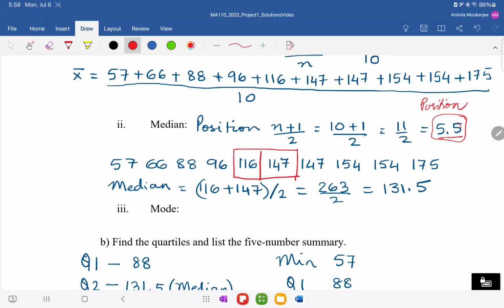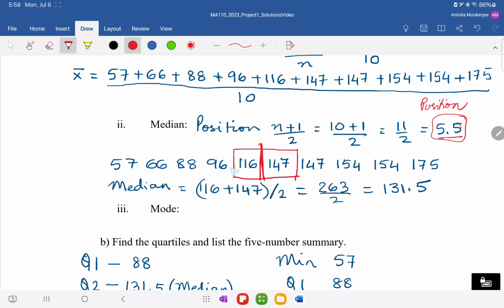So starting from 57 to 175, again, make sure you haven't missed a value. And then I went to position 5.5: 1, 2, 3, 4, 5. And 0.5 would be between position 5 and position 6. So it's going to be the midpoint between 116 and 147.